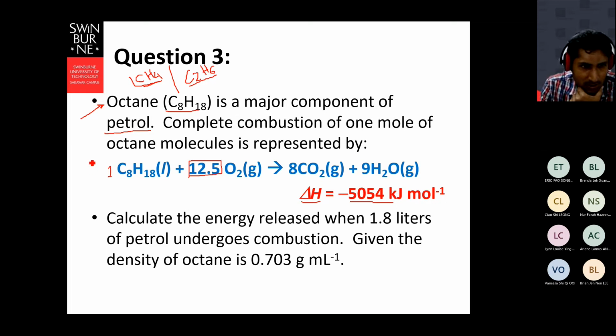So 1 mole of octane is burning 400 gram of oxygen at one go to produce this many kilojoule per mole of heat to move our car how many miles?